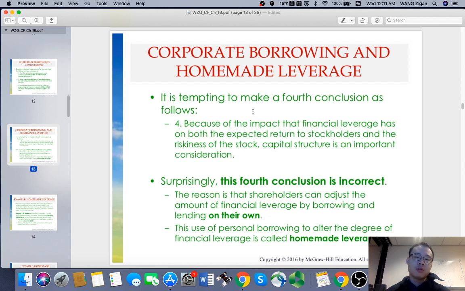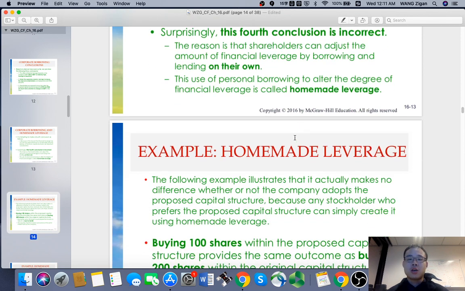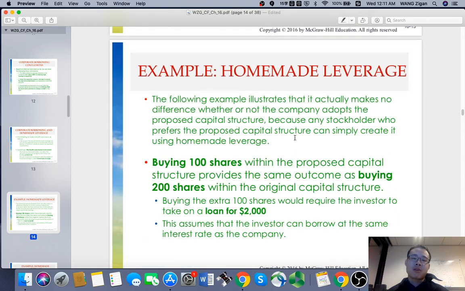In this model, we assume that there is no tax, which is very unrealistic, and that there is no bankruptcy risk, and that this is a fully competitive market, with a lot of assumptions. So under this model with a lot of unrealistic assumptions, this is incorrect. This is called the Modigliani and Miller theory.